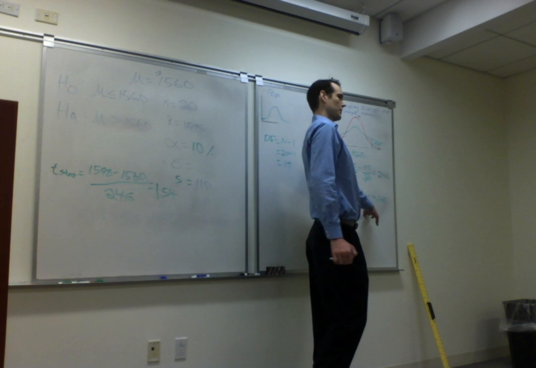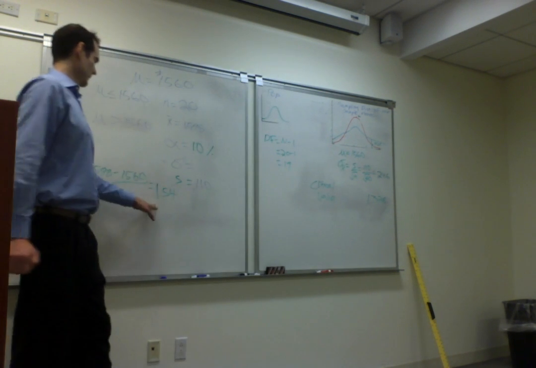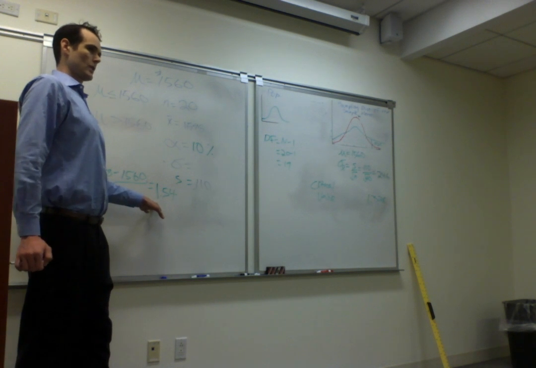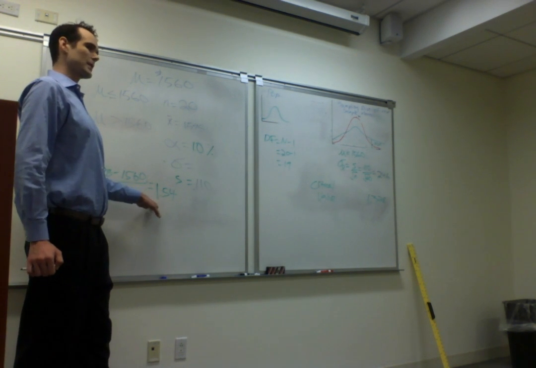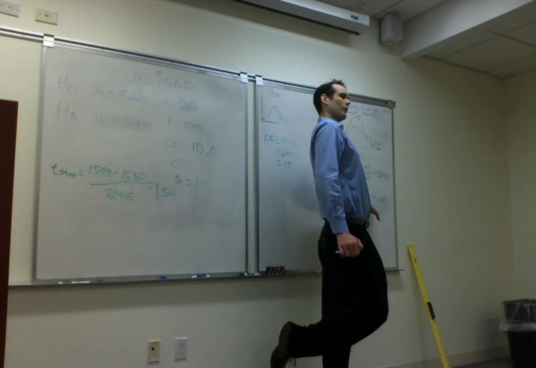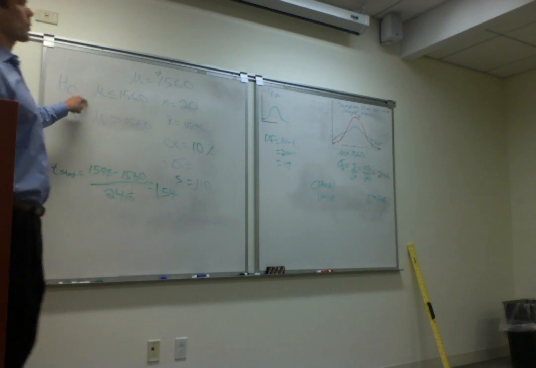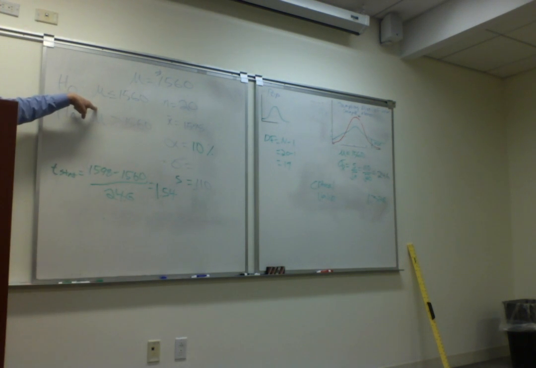Selena, we accept or reject? We've got an extreme T-stat. It's more extreme than our critical value. So we reject. We have found overwhelming evidence to reject the null hypothesis.